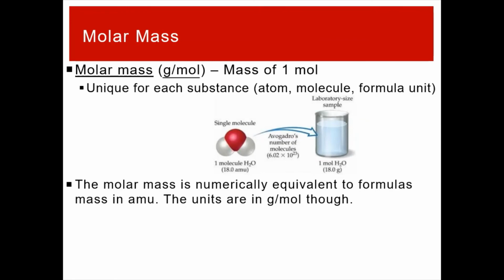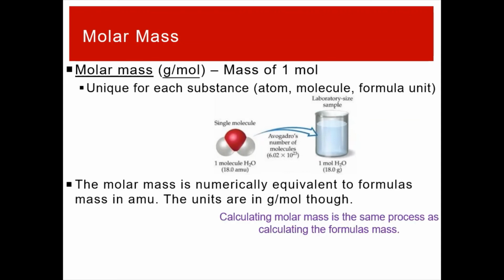Even though it's the mass of 1 mole, we explicitly include that mol in our unit for molar mass, grams per mole. This is a compound unit. The value of the molar mass is unique for a substance. Whatever you're counting, atoms, molecules, formula units, whatever is in your package, your group, that's the size of a mole.